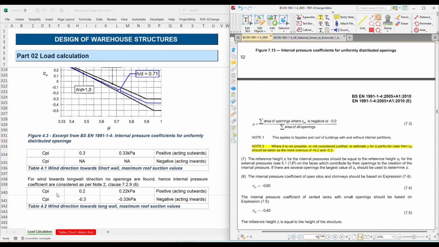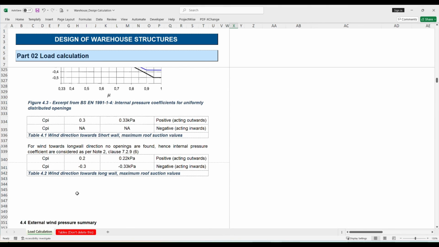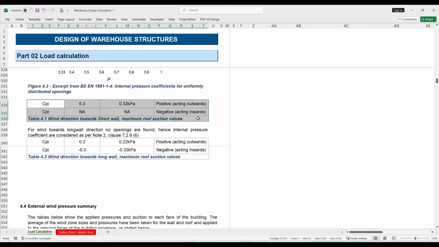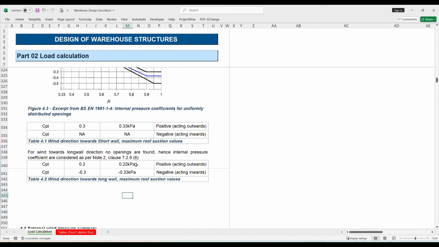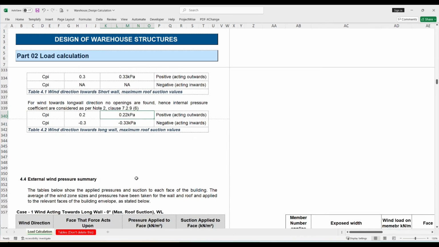That is why we have considered it here in this Excel sheet. So we can eliminate this, and this is what we need to follow. So 0.2 is the internal pressure positive, and the negative acting inwards is 0.33 and 0.22 respectively.